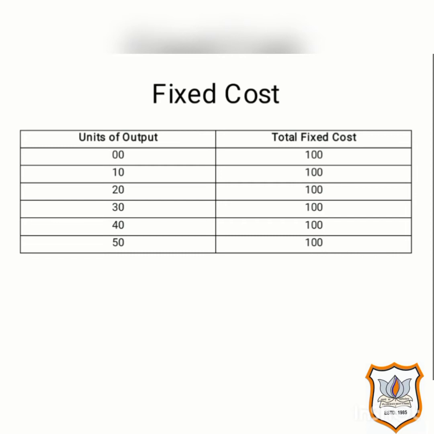When production was 0, fixed cost was 100, and similarly when production increased from 0 to 50 units, fixed cost remained the same, rupees 100. So as said earlier, even when production increases or remains zero, when there is no change in cost, such a cost is said to be fixed cost.